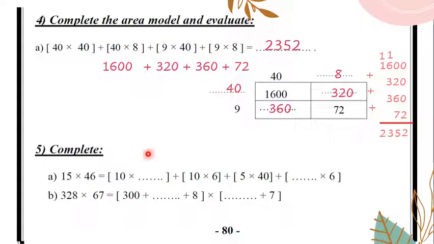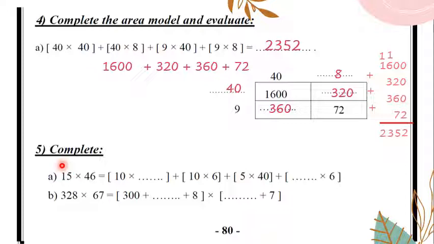In Example 5, complete. We have here 15 times 46. He made the distribution for me, and we have some numbers missing. Now 15 here, he wrote for me 10 times what? Let's see. I'm going to start with 15 here.